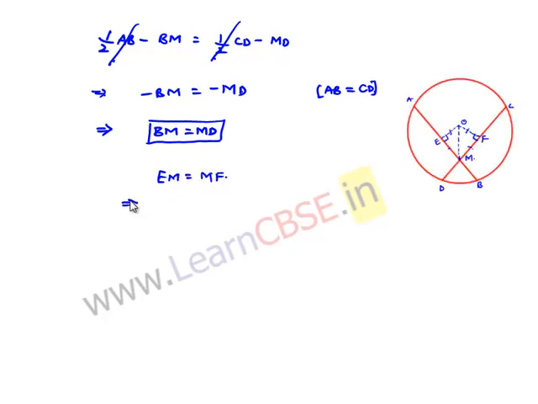That implies, let us add half AB on both sides. Then we get half AB plus EM is equal to MF plus half AB, which can be written as half CD.